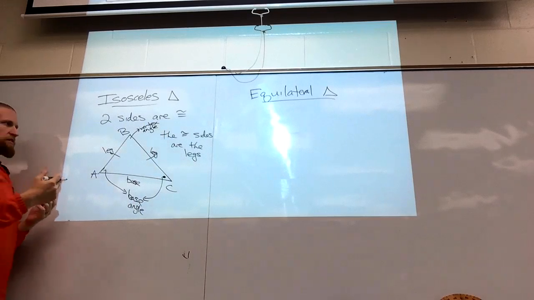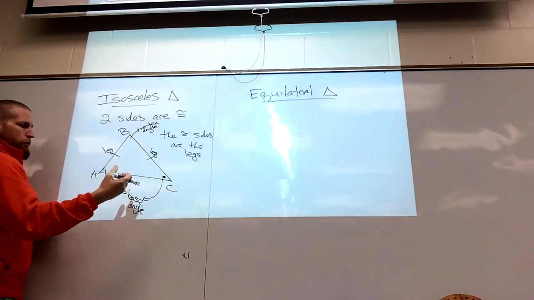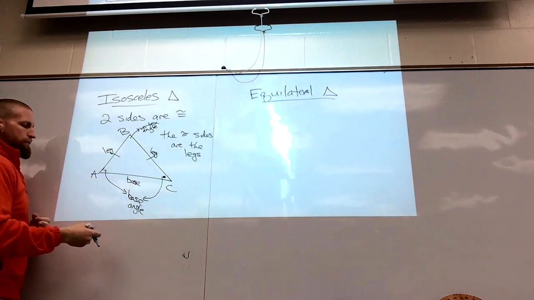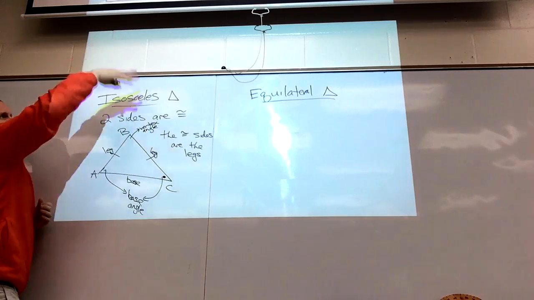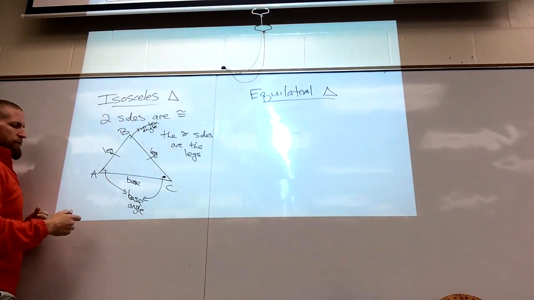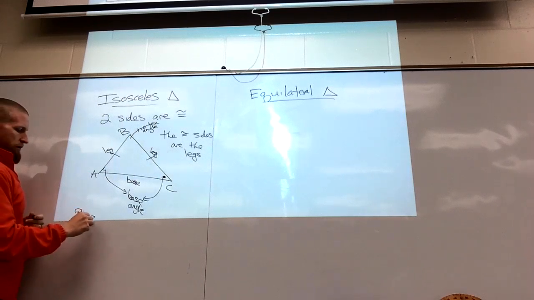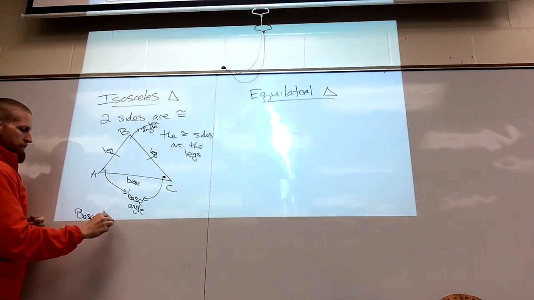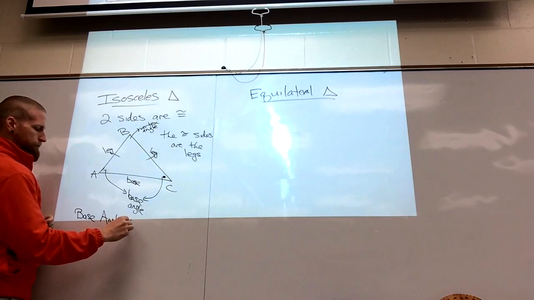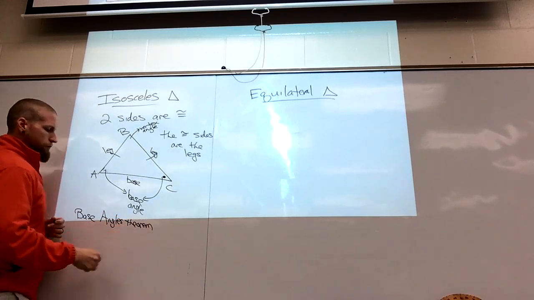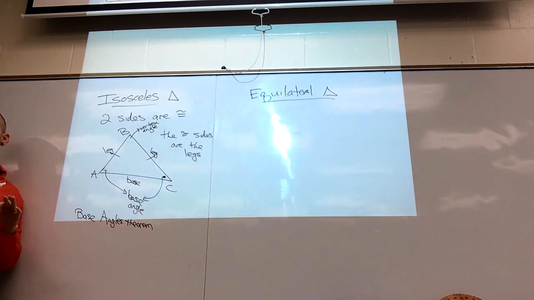Those are basic terms which allow you to set problems up. Looking through what I listed at the beginning, there was a theorem called the base angles theorem. All the base angles theorem says is that if you've got an isosceles triangle, the base angles are congruent.